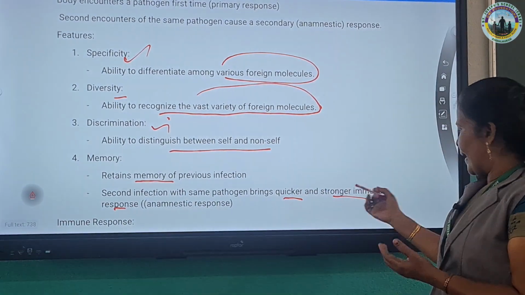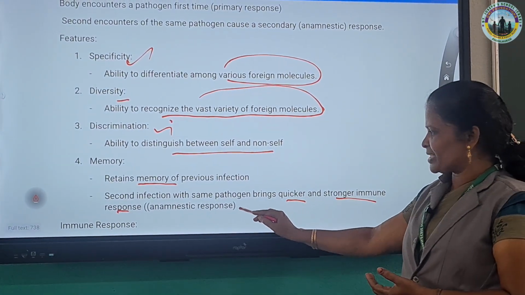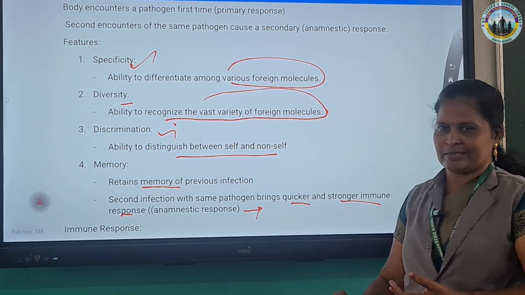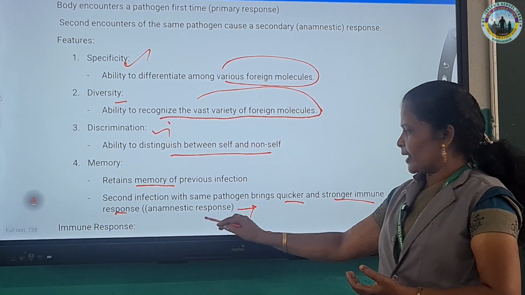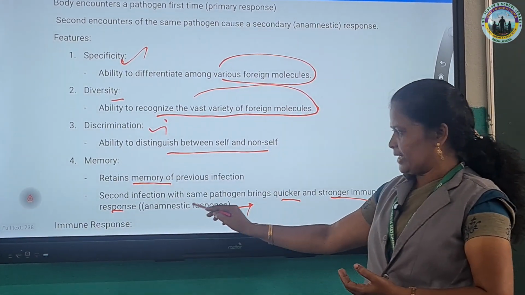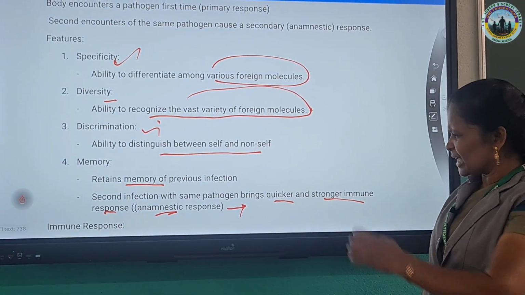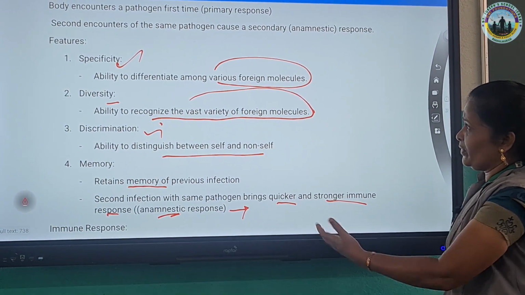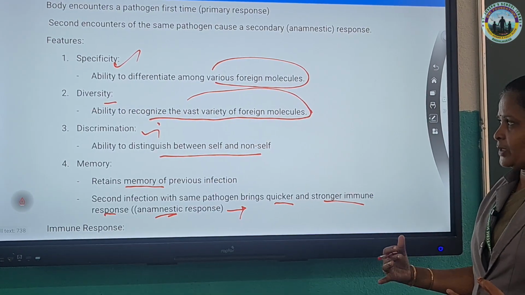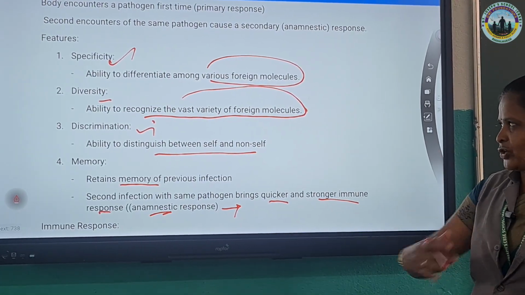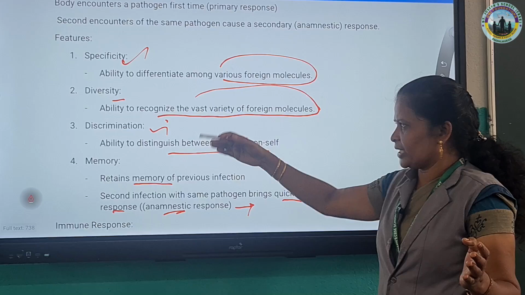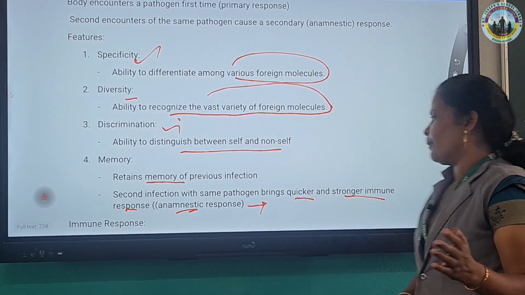This quicker and stronger immune response is otherwise called the anamnestic response. Anamnestic response. These are the features of acquired immunity. So students, what are the different features? Specificity, diversity, discrimination and memory.